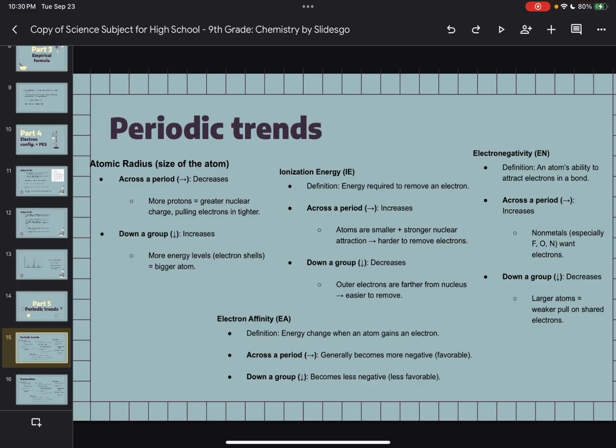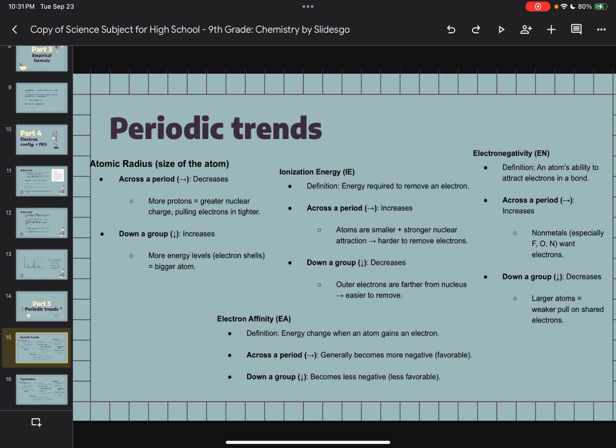So basically, more protons equals greater pull or greater attraction. More protons also means it's smaller, because more protons just equals a smaller atom, and more protons equals more ionization energy because it's so attracted to the nucleus.